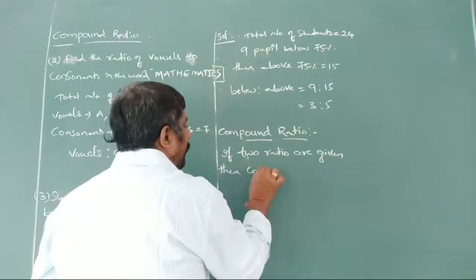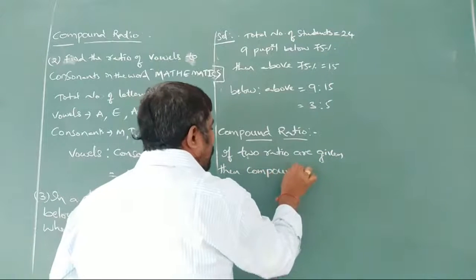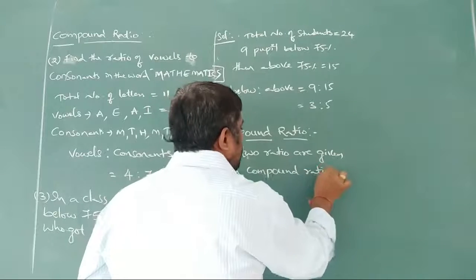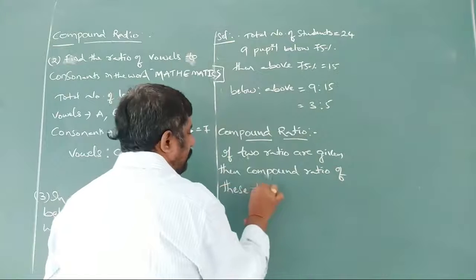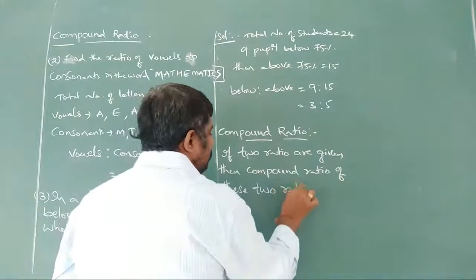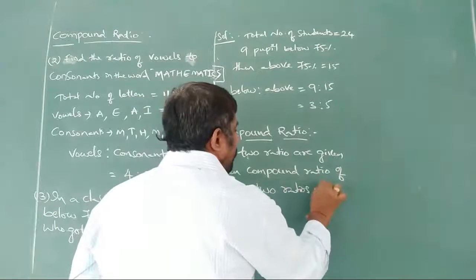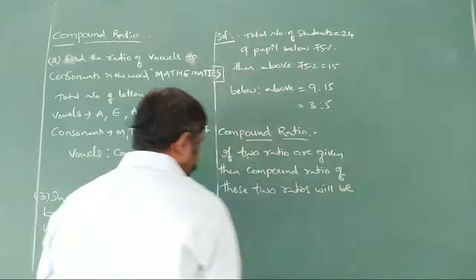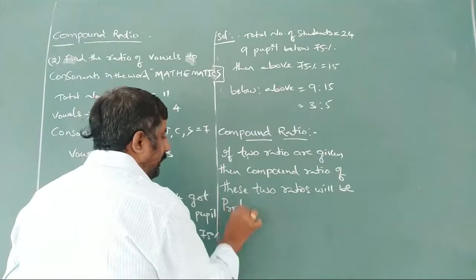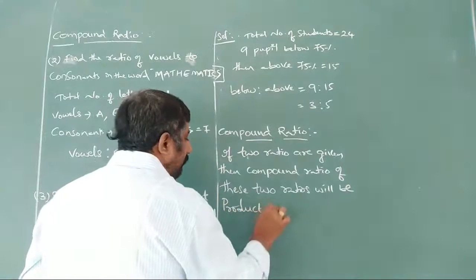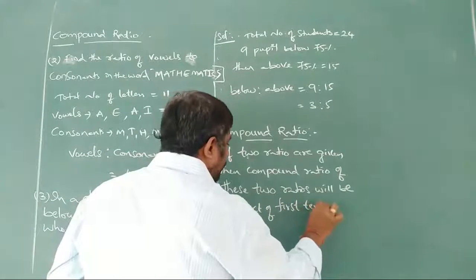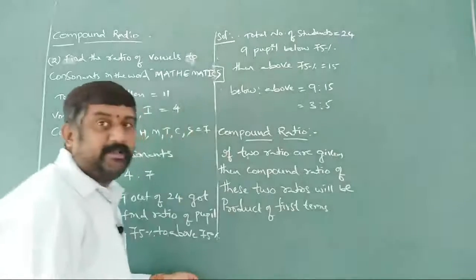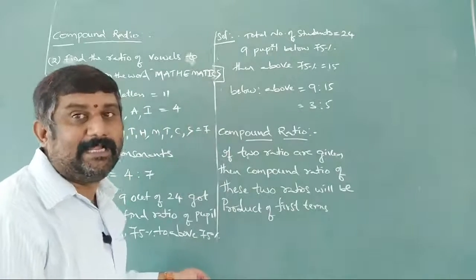Then the compound ratio of these two ratios will be the product of first terms, and another name for first terms is antecedents.